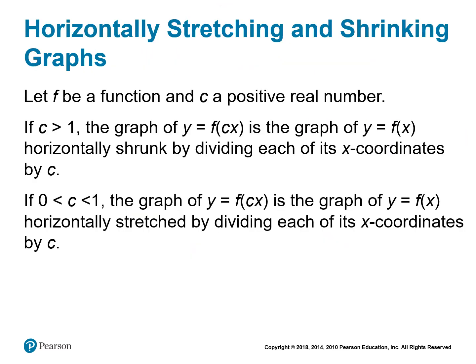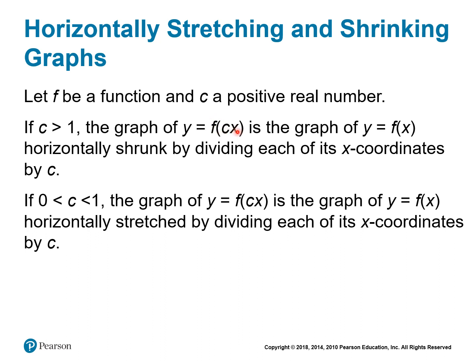Now we'll talk about the final kind of transformation, which is called horizontal stretching or shrinking of graphs. Horizontal stretching happens when we multiply the x value by a quantity. Let's say the quantity is represented by the letter C. So the graph is y equals f of C times x.